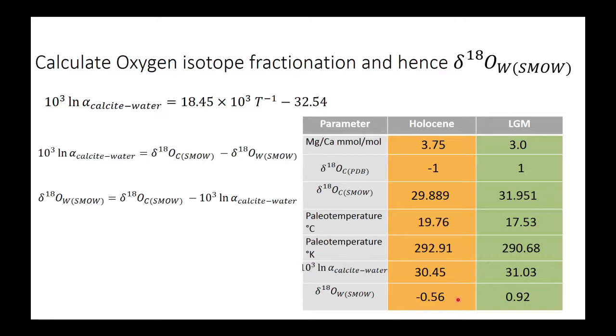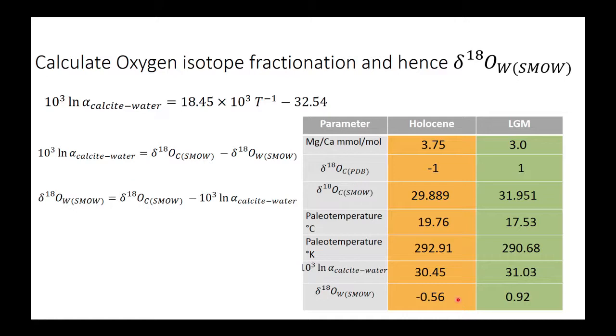And we can see that in the Holocene, the isotopic composition of the water is minus 0.56. So that's different to the standard mean ocean. Okay, so the standard mean ocean should be 0 by definition.